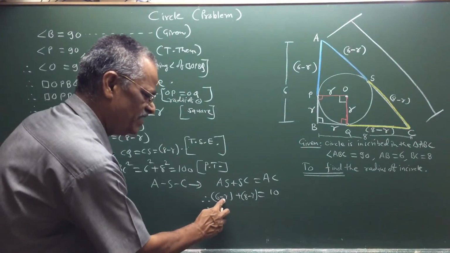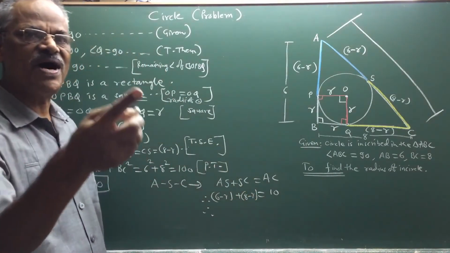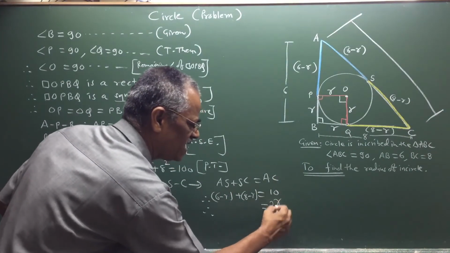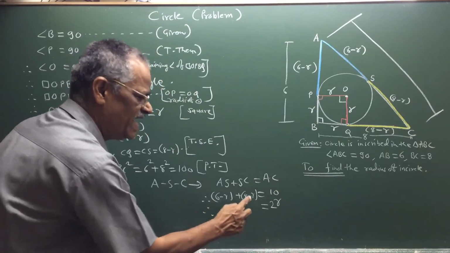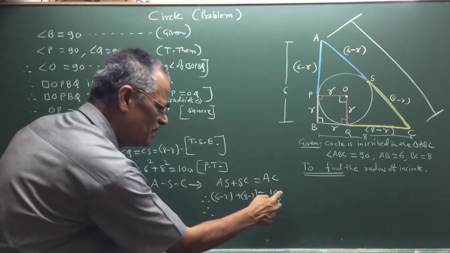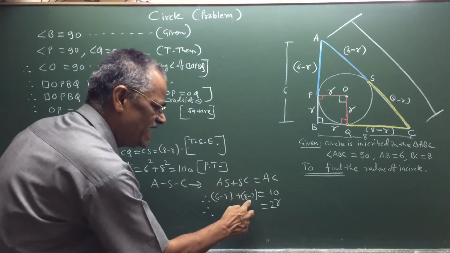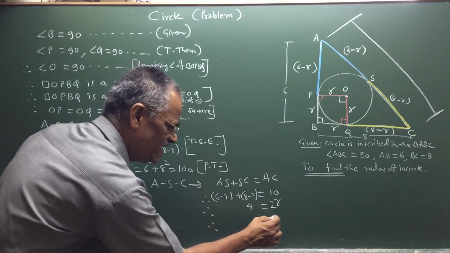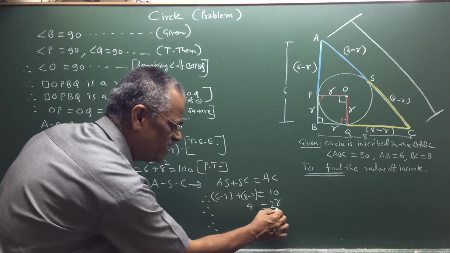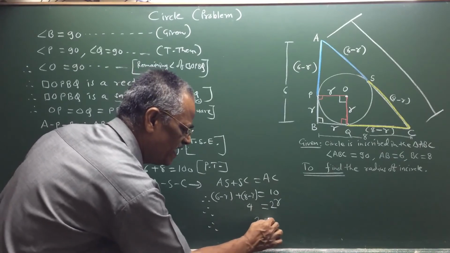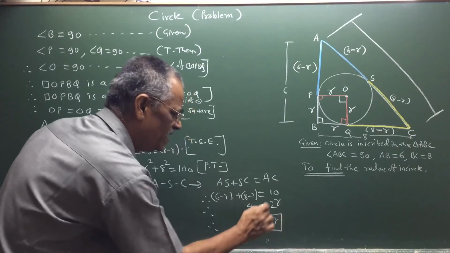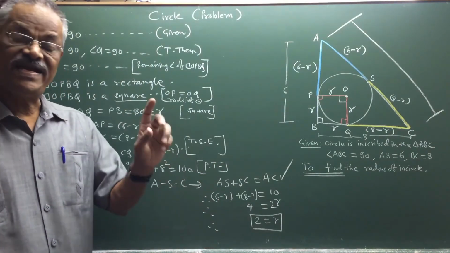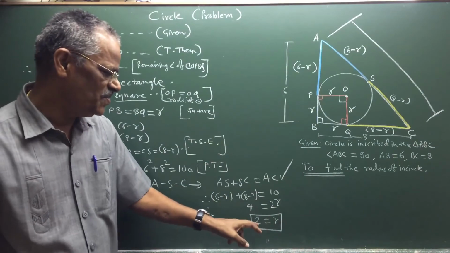Minus R minus R gives minus 2R. If you transfer 2R to the right hand side, 6 plus 8 is 14, and 14 minus 10 is 4. So 2 times R is 4, and the radius of the circle is 2.